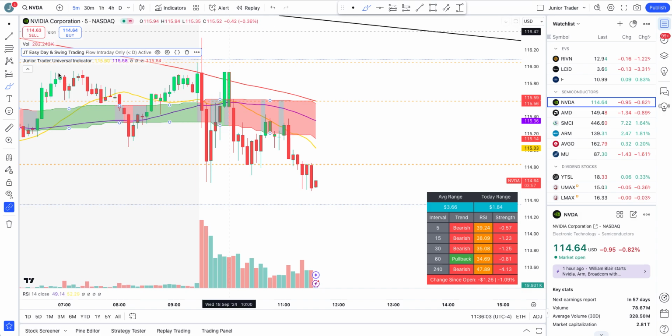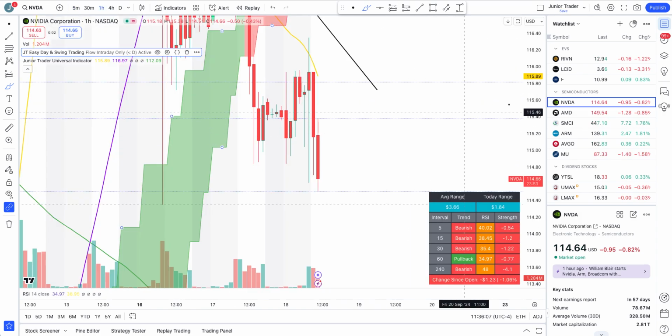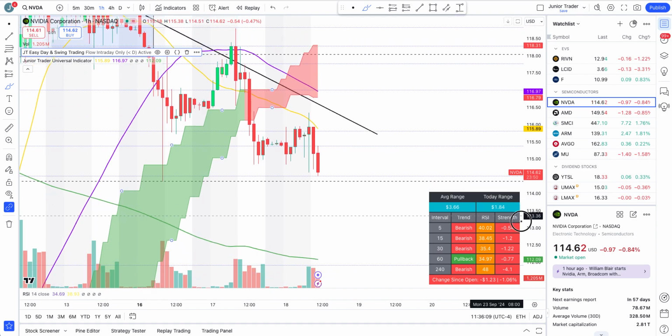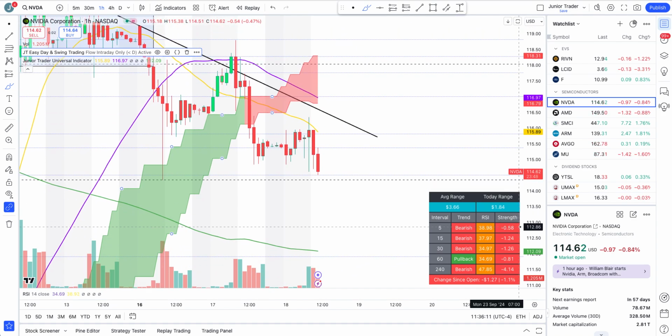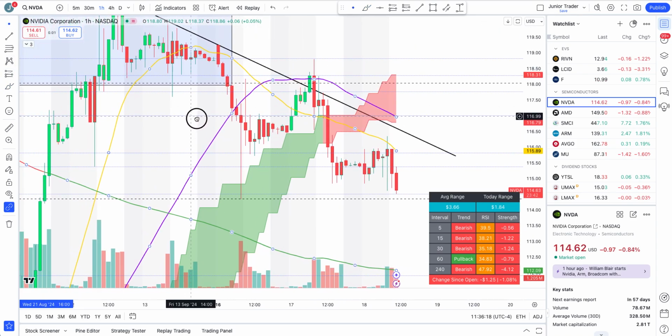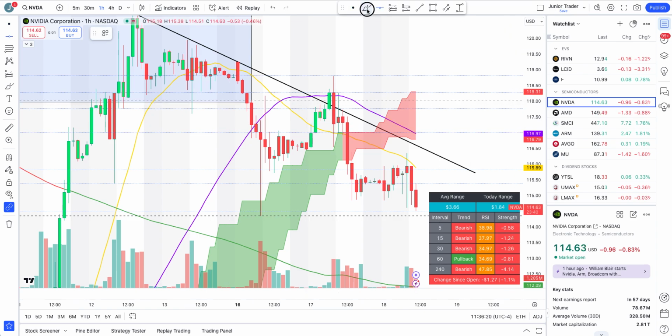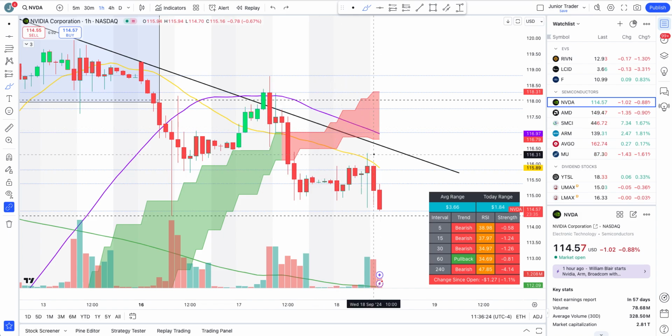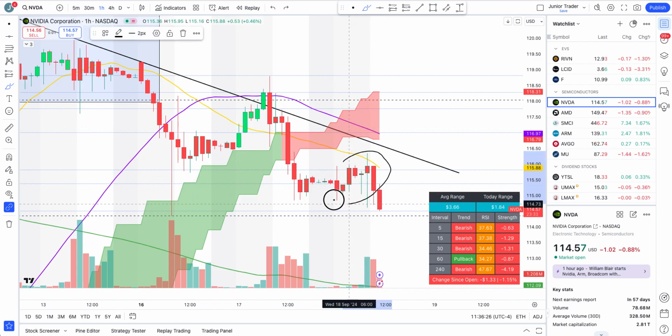And you can see the structure overall still remained negative for the day trading, right? So things are still weaker on Nvidia, and most importantly, and this is what you have to do, you have to have multiple intervals on your screen, and on the hourly interval you can see that we were below the cloud today, right? We broke the cloud yesterday, and the price action never turned bullish.